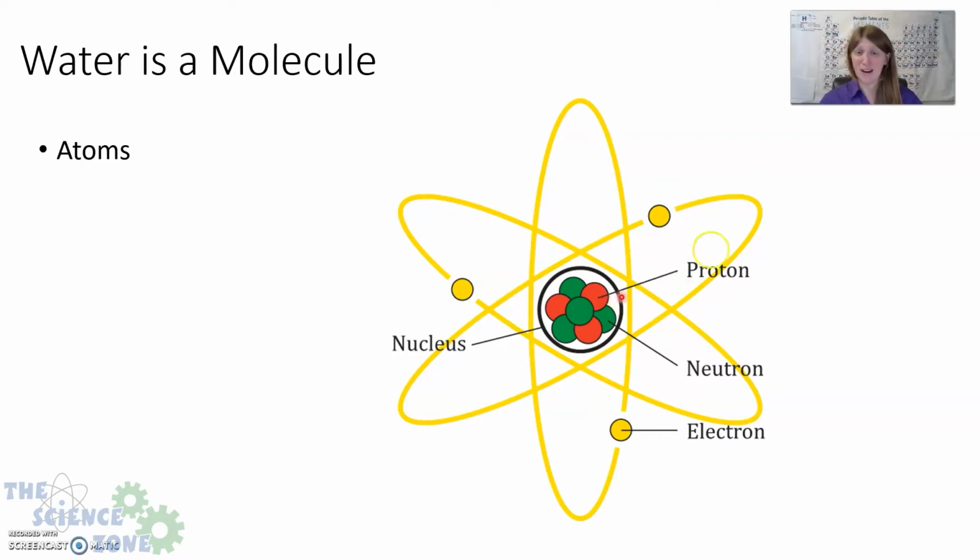The exciting part of the atom is on the outside. There are these things called electrons that carry a negative charge, and they orbit around the nucleus. These electrons are going to be what help different atoms form bonds with each other.